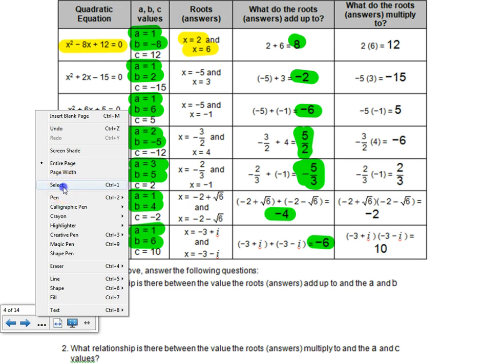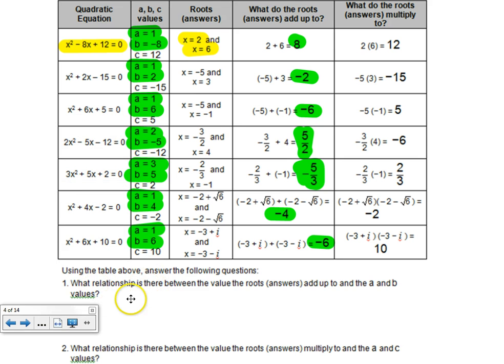So the relationship for question 1 between the value of the roots, what they add up to, and the a and b values is this: the sum of the roots equals the opposite of the b number divided by the a number.